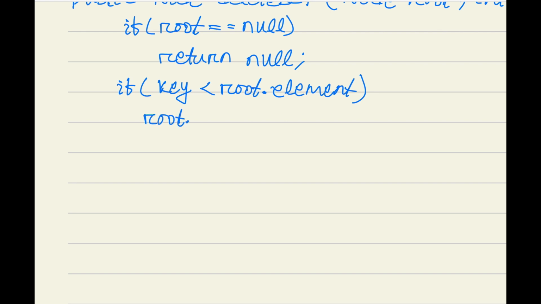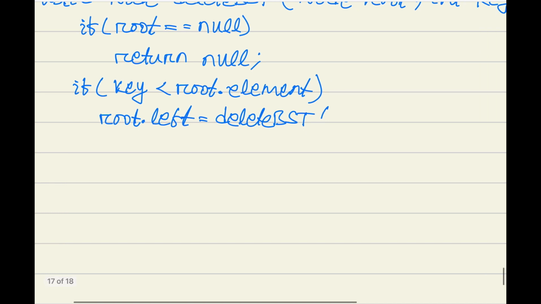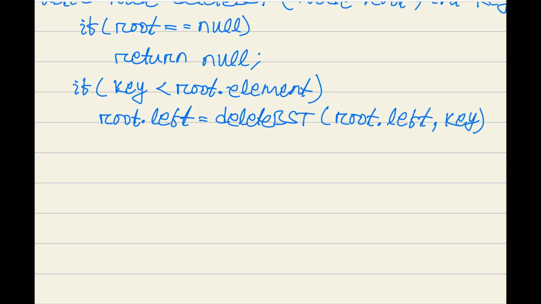So we can write root dot left equal to delete BST, then root dot left and key.